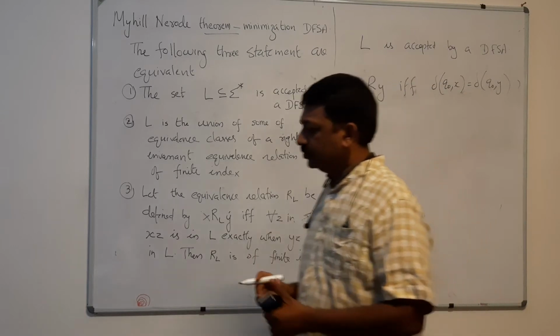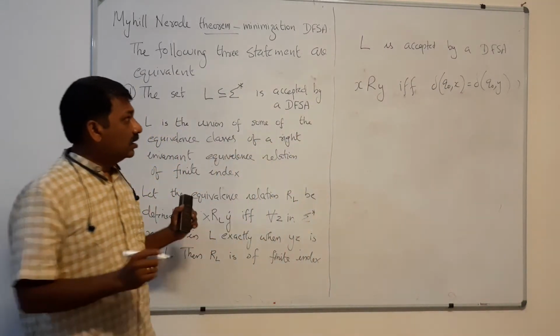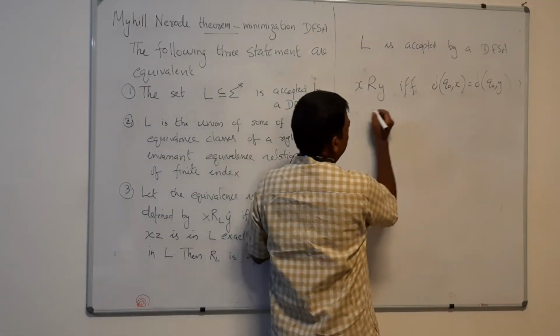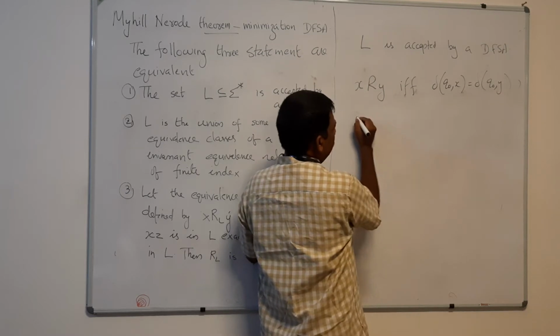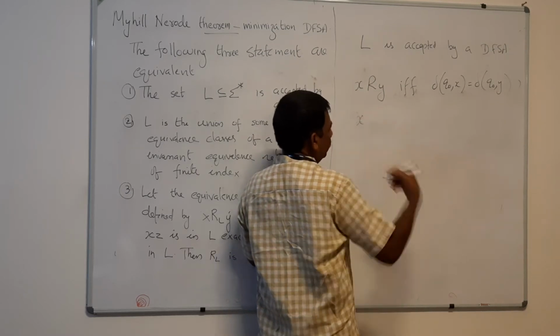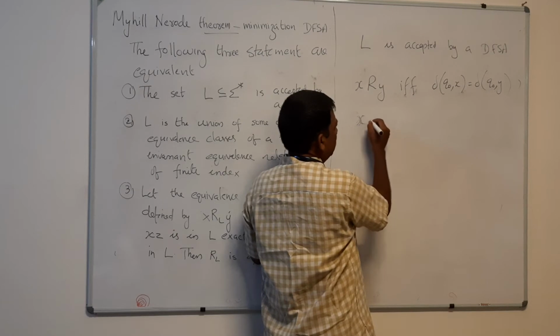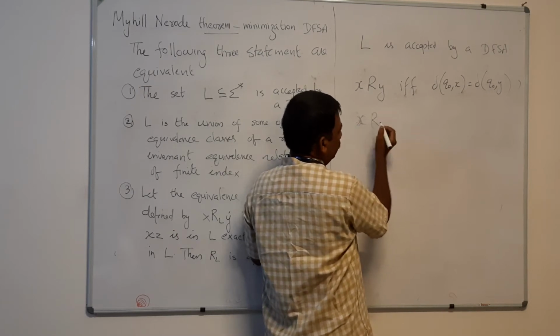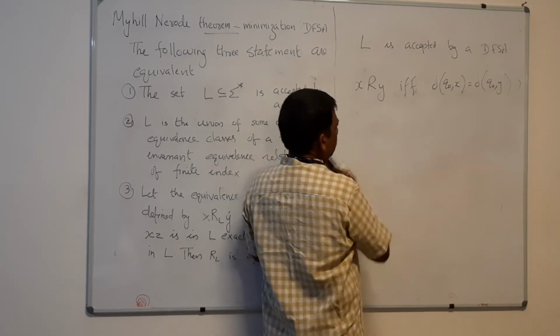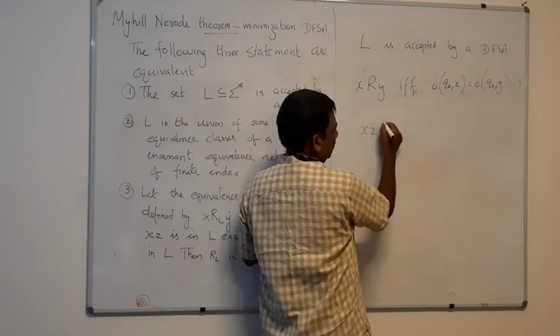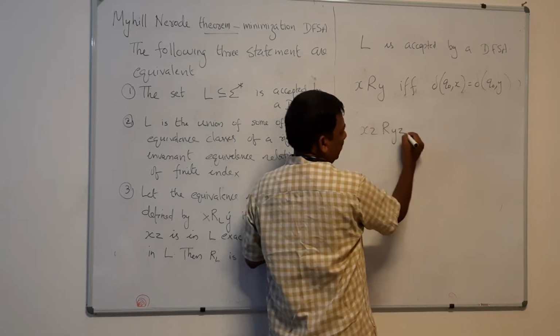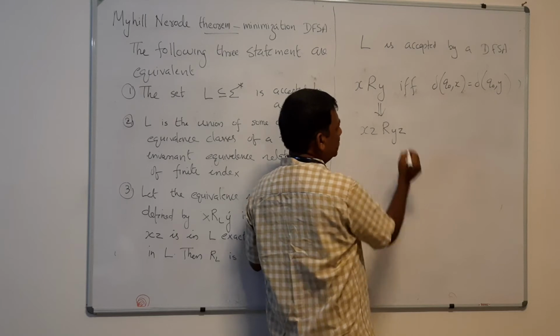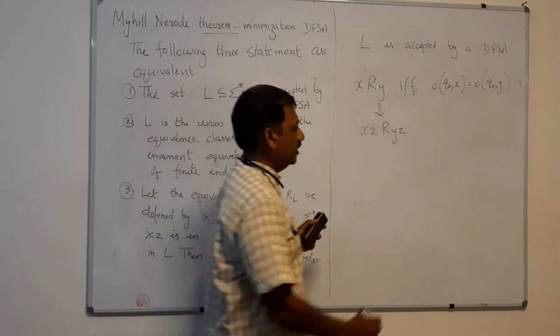Okay. Now this is right invariant if x related to y implies xz related to yz.